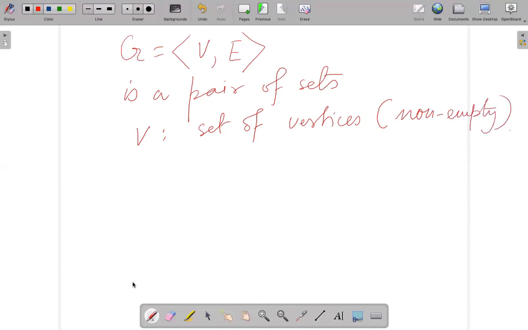The set of vertices in a graph cannot be empty. And E is the set of edges.